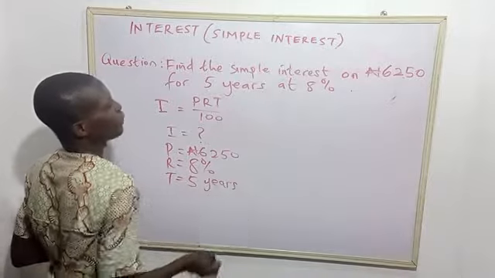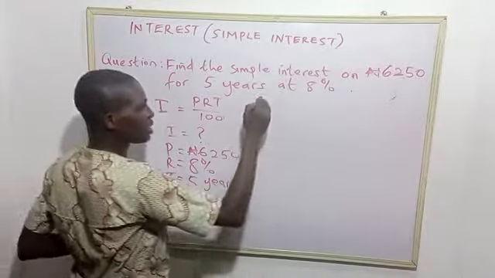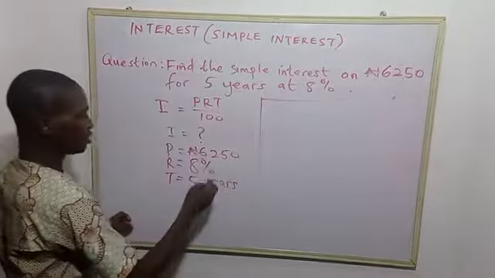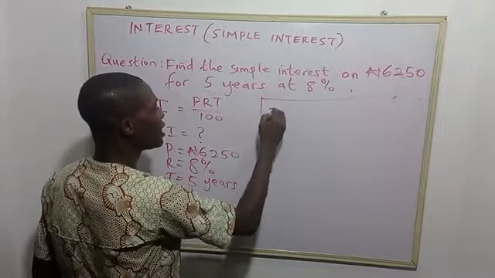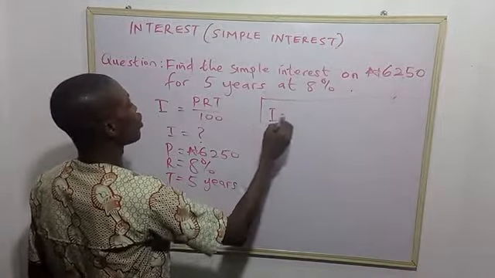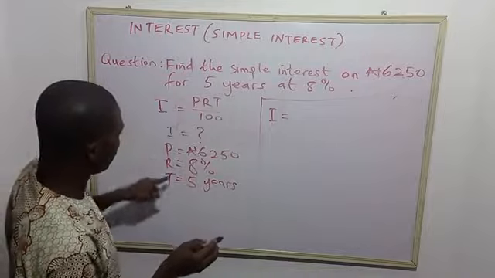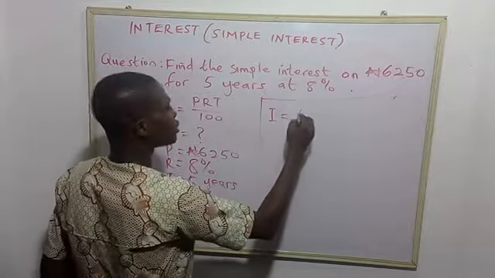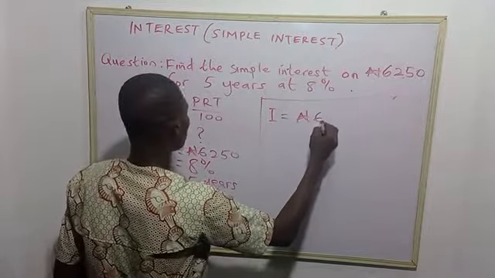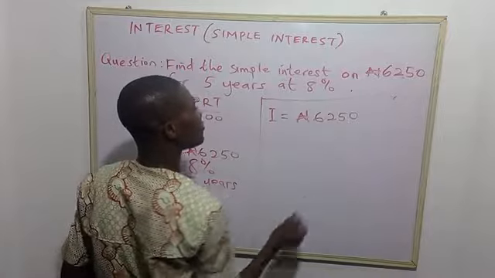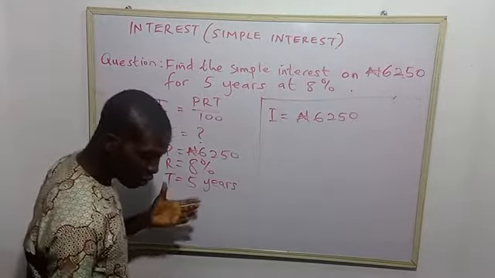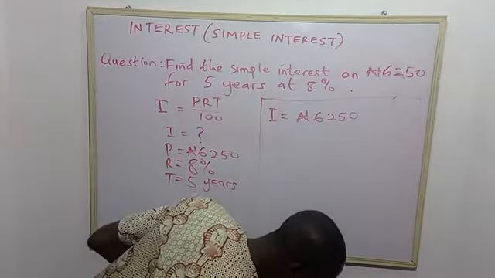Okay. So with what we have done, let's now use those things in our formula. I equals to, what's our P? Okay, P is 6,250.